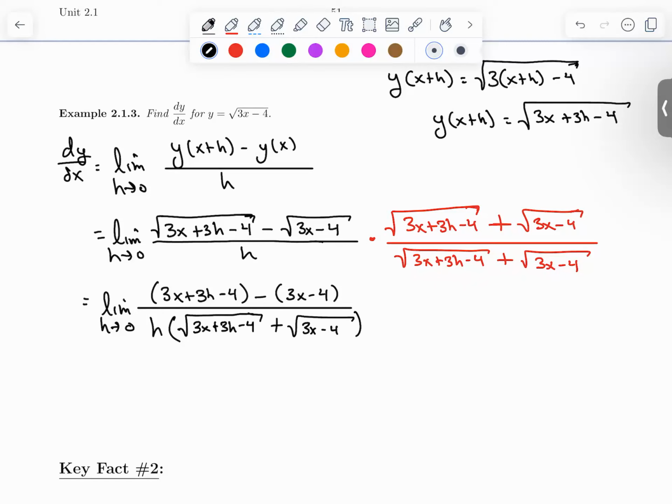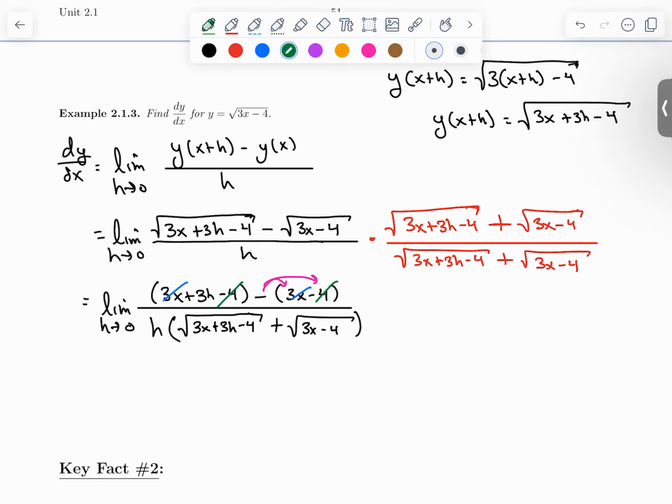And just to save on space, hopefully everyone sees where I got the numerator, because it's the first term squared minus the second term squared. And then when you distribute the minus sign, that's going to allow us to cancel the 3x's and the minus 4's, because it's going to be 3x minus 3x, and then negative 4 minus negative 4, or negative 4 plus 4.